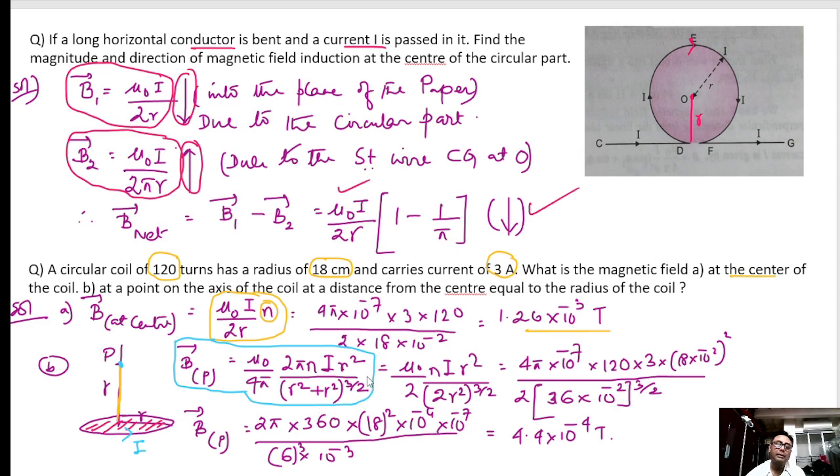So here, in the calculation, it is 2r square to the power 3 by 2, which is 2 to the power 3 by 2 times r square to the power 3 by 2.